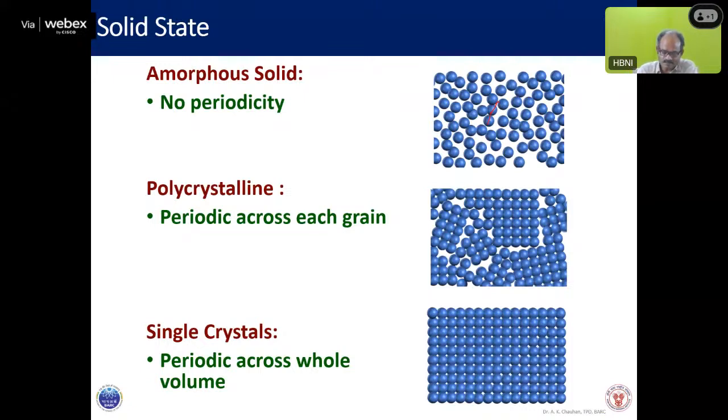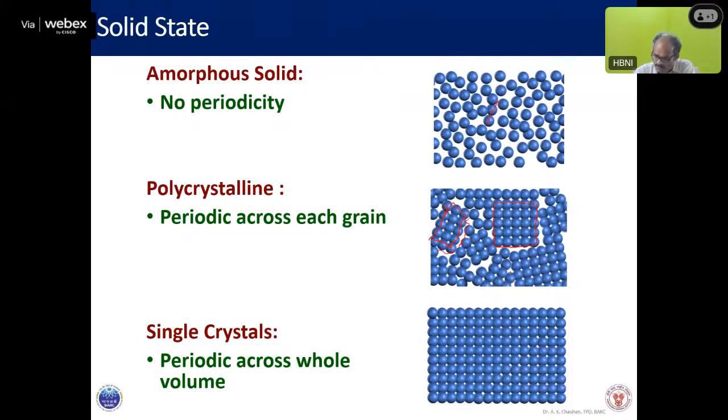However, in polycrystalline materials, there is a periodicity across each grain. So you have different grains, and there is a periodicity. Up to this point, you can call it a crystal. Here also, you can call it a crystal, but there is no periodicity between them. So these are called grain boundaries.